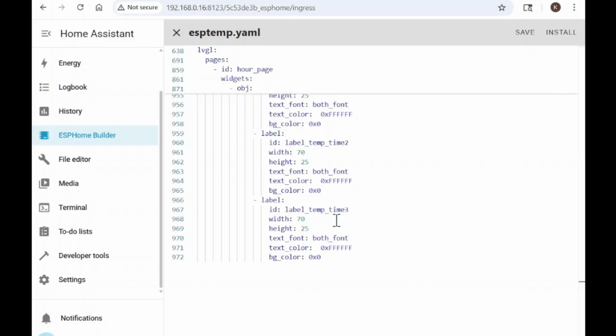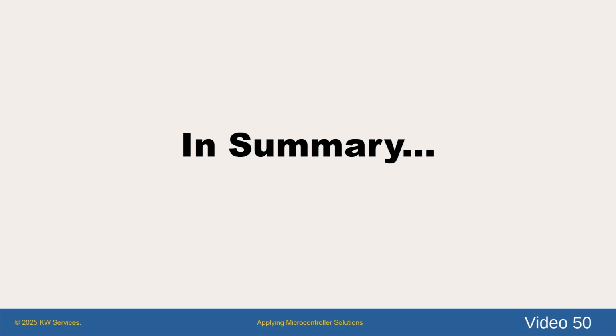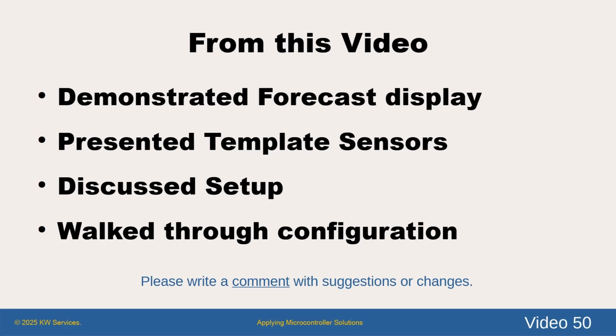Well, that's it. That's how we configured the display. So, in summary, in this video, we demonstrated a multi-page forecast display. We discussed the Home Assistant weather forecast system. We presented the Home Assistant template sensors in 2 steps.